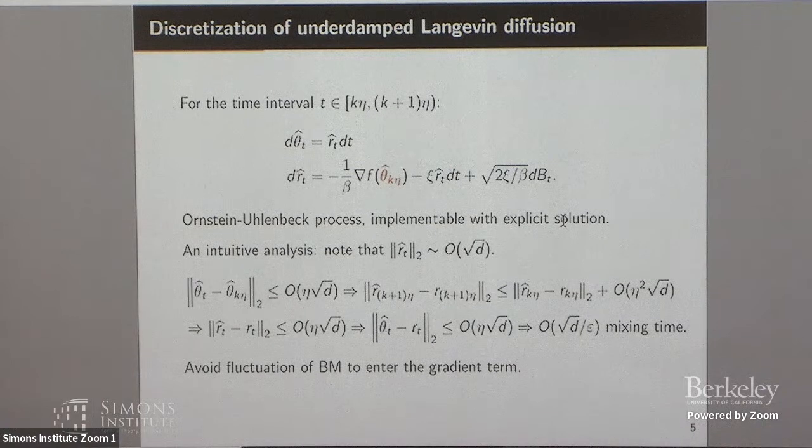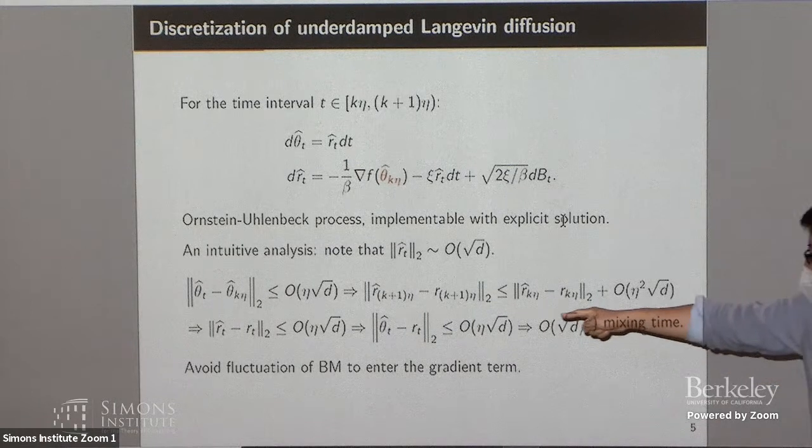In particular, you run within an eta time interval, and this R_t process is just a generic vector in this space, and you can think of it as something with a Gaussian-like or sub-Gaussian distribution in every direction. And this has norm bounded by order root D. And then you substitute into this process, and you can see that the one step discretization error for this R process is of order eta squared times root D. And that means the discretization error for the R process itself is eta times root D.